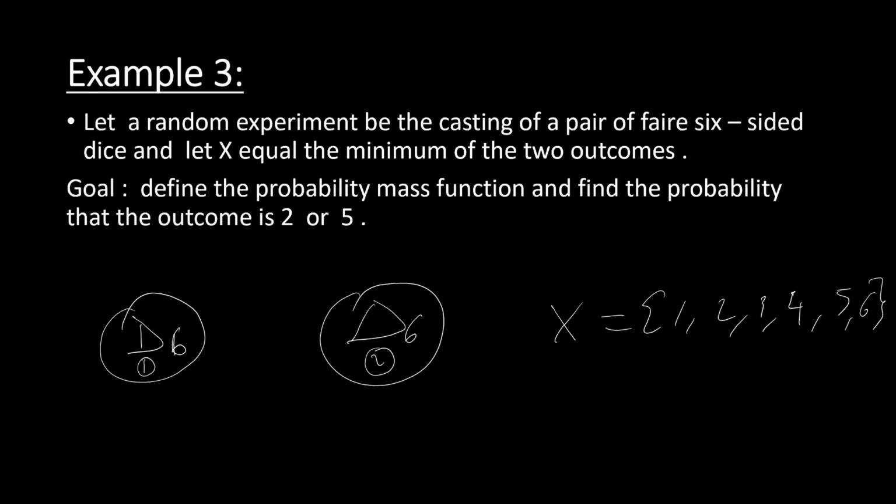And if you recall, the face of a die can look something like this, or something like this, and on this side you can get something like 3, and so on. That's how the faces of the dice are. So you have 2 6-sided dice, and you are interested in the minimum of the two dice.